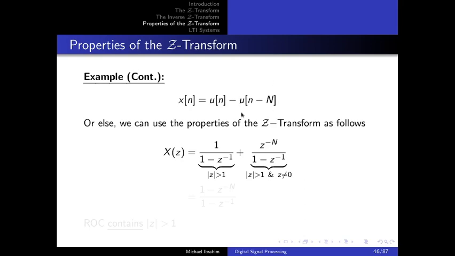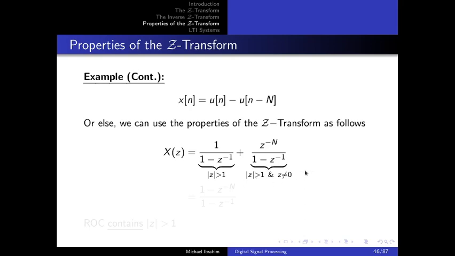For the second sequence, it's a shifted unit step. So the same Z transform here, and we will apply the time shift property. We multiply by z to the power minus N capital, which is a shift. The region of convergence is modulus z larger than 1, which is the same ROC, except for z equals 0, and z equals 0 is already not in this ROC.